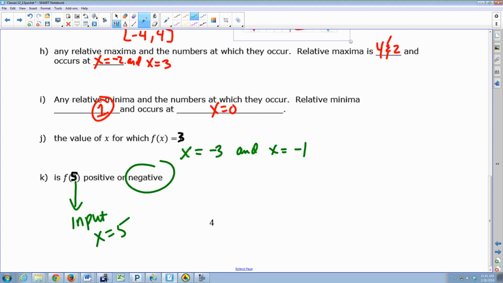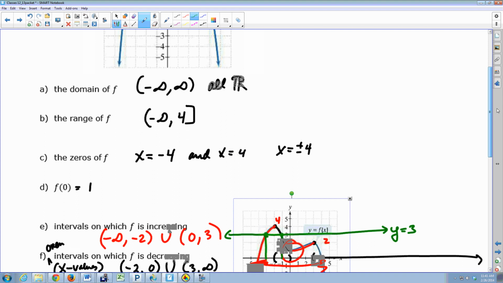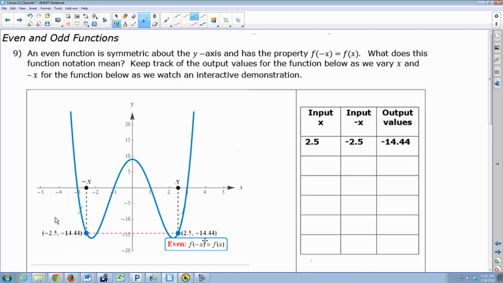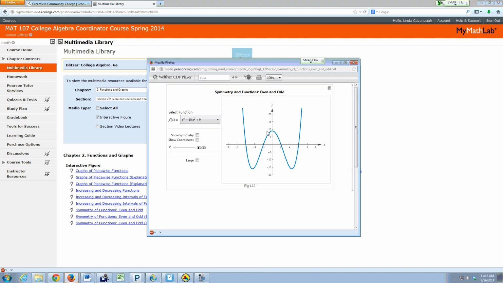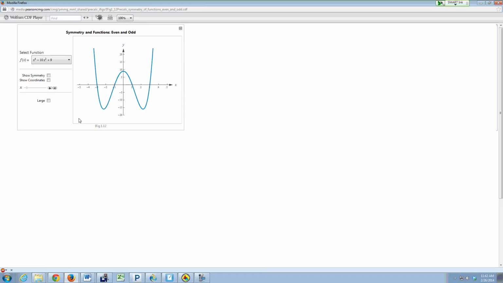Okay, so we've got one last topic to cover, and that has to do with symmetry. For symmetry, let me see if I have this ready for us. Okay, symmetry of functions. I'm going to try to make this as large as I can.